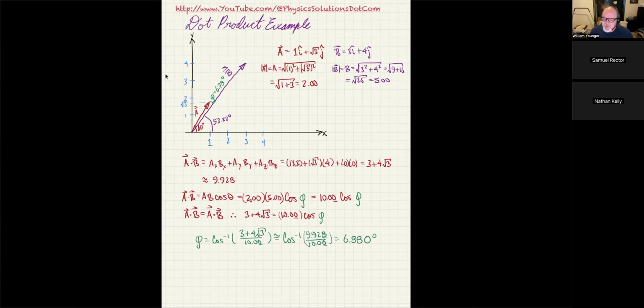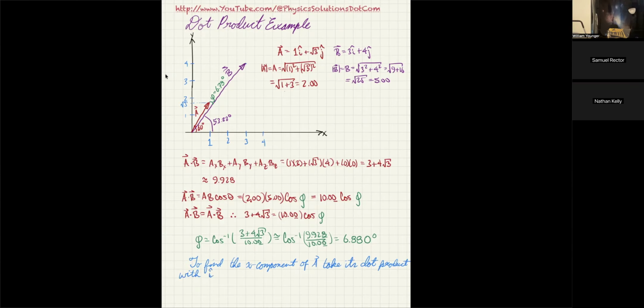So, for instance, if you wanted to find the x component of, let's say, vector A, take its dot product with I hat.